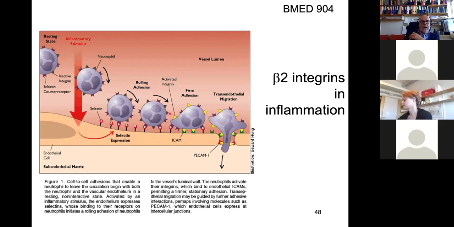But this only happens when you have an inflammation, and when the integrin is activated and can bind to the endothelial cells. If immune cell integrins were active all the time, we would have immune cells roaming throughout our bodies, which would be a very non-economical way for the immune system, where it couldn't concentrate its force on exactly where it's needed.